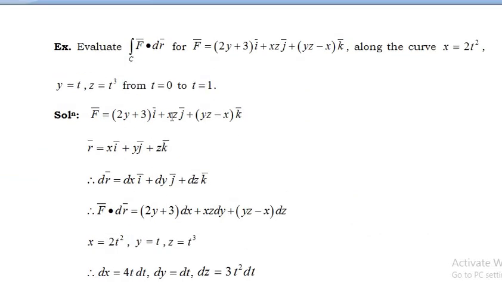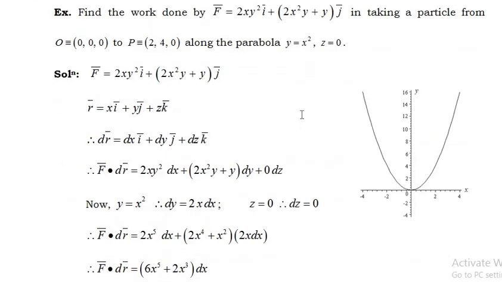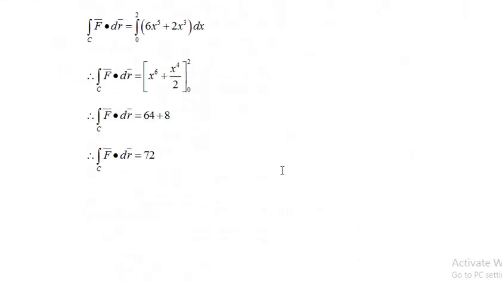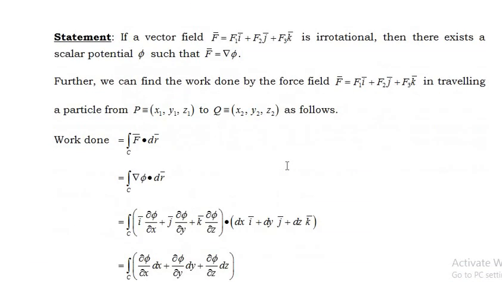In the third problem we were given the parametric equations. In the next problem we were given the path y equal to x². So these were the four problems, and the remaining two problems were of a different type, in that no path was given.